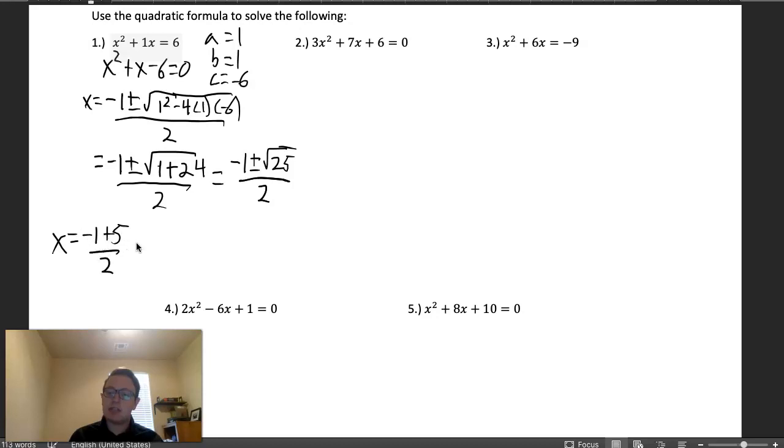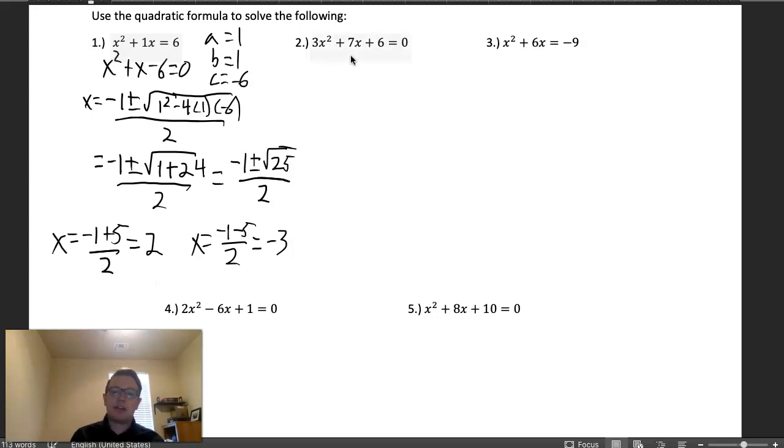Or that minus 1 plus 5 is 4 over 2. So this is going to be 2. The second one is going to be x is equal to minus 1 minus 5 over 2. And minus 1 minus 5 gives us negative 6. Negative 6 over 2 is minus 3. Those are our two answers.